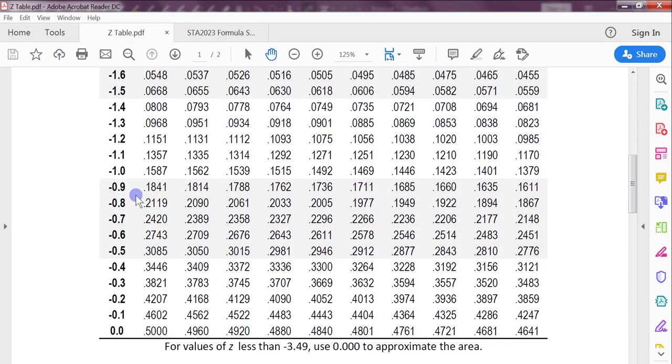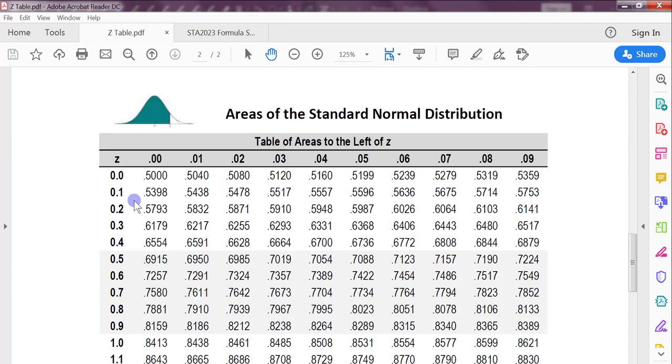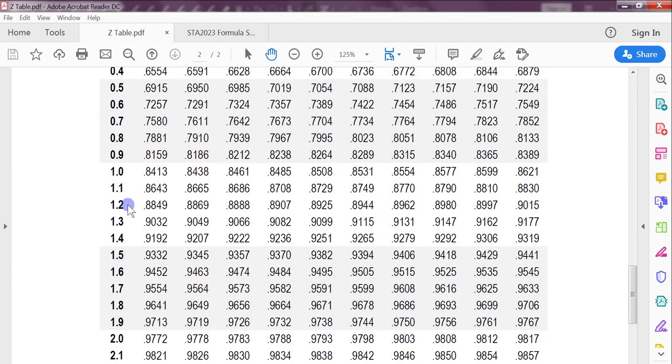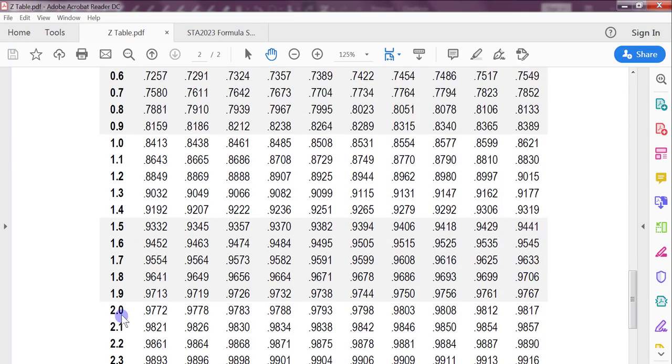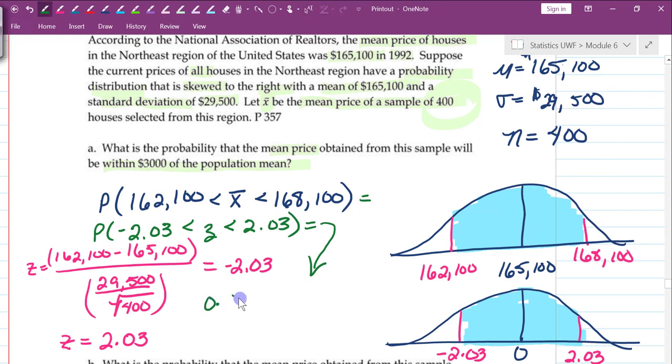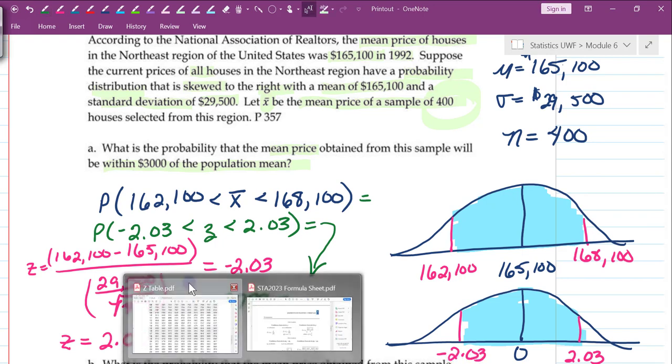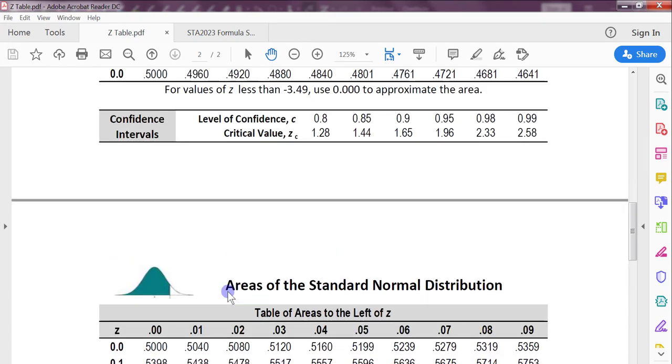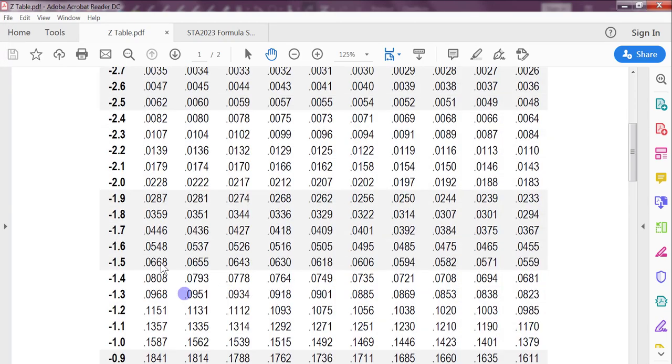2.03. Row 2.0, column 0.03. So it's 9788, so it's 0.9788, and we're going to subtract off the probability that z is less than negative 2.03. Negative 2.03, row negative 2.0, column 0.03.